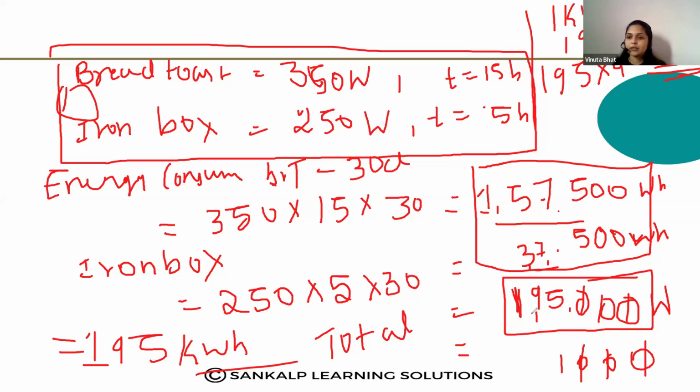Then you should convert it into kilowatt hour, so you have to divide it by 1,000, because 1 kilowatt is equal to 1,000 watts. So 195 kilowatt hour is remaining. To find the cost, multiply by 4, because 4 rupees is already given in your question. So 780 rupees is the correct answer. I hope you got the answer for this question.